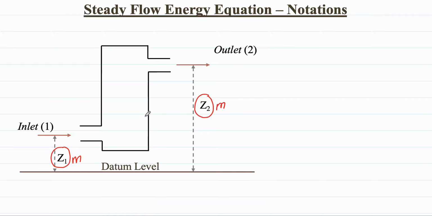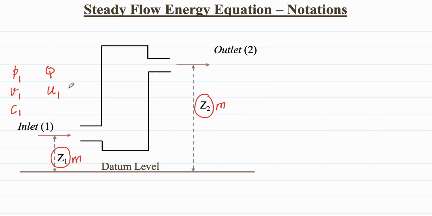And if we take the inlet, thermodynamic properties like pressure are given by P1, then we have specific volume V1, and we have the velocity of the fluid C1, and we have the heat supplied to the system, which is Q, and the internal energy of the system being U1.